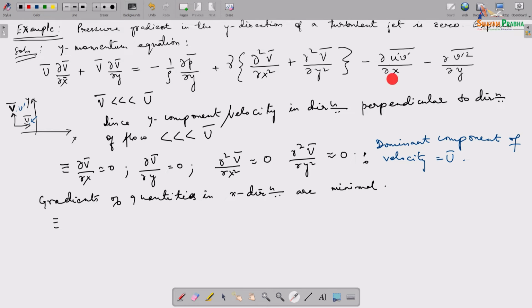So you have this, right. So this is actually in the x direction, right. So gradients of quantities in the x direction are minimal. So we're basically saying, okay, right. Therefore, what is left of the momentum equation? What is left of the equation?